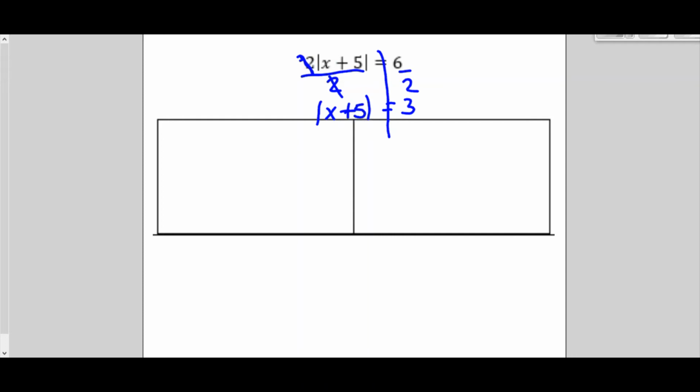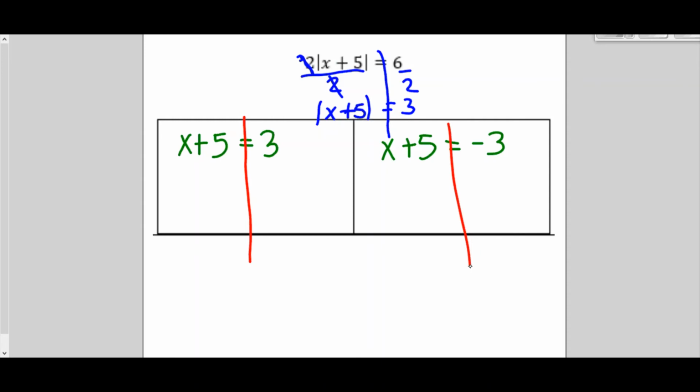But now I can make my two equations. x plus 5 equals 3, or x plus 5 equals negative 3. So remember, the first one gets the same sign, the second one you change the sign. And then you're going to solve each of those. So to solve, I'm going to undo addition by 5 by subtracting 5.